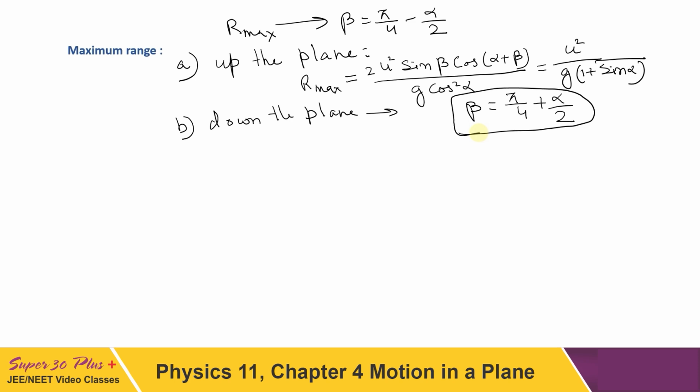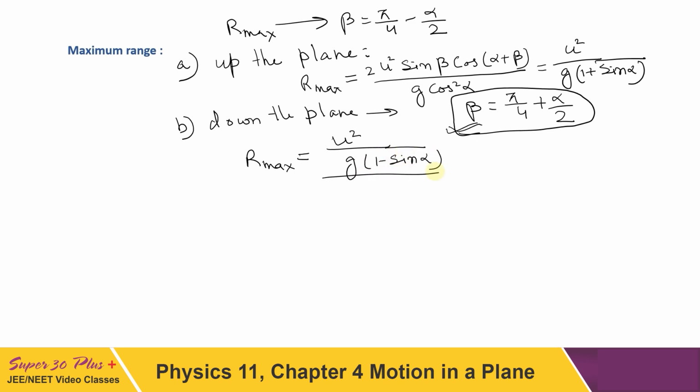So if you substitute a_x to be positive, we will get this condition. You can check in the same manner as we had derived for when it is thrown up the plane. So you will get finally β is equal to π/4 + α/2. Now if it is substituted in the equation, R max would be u²/g (1 − sin α).